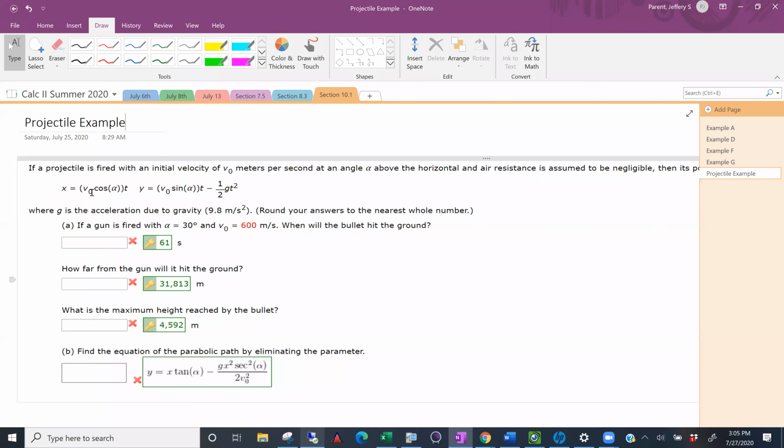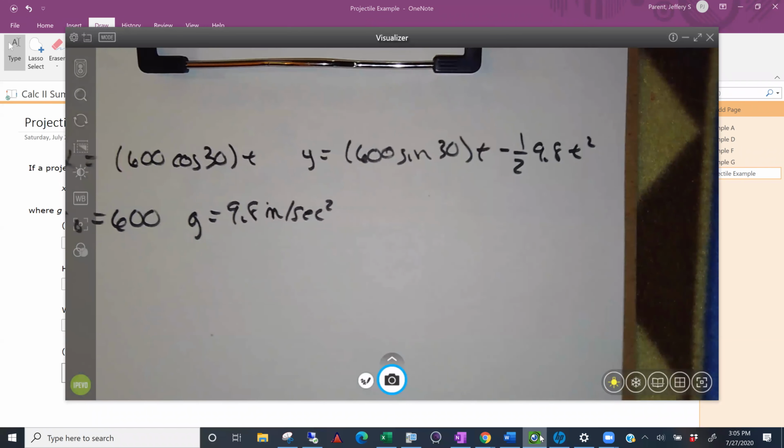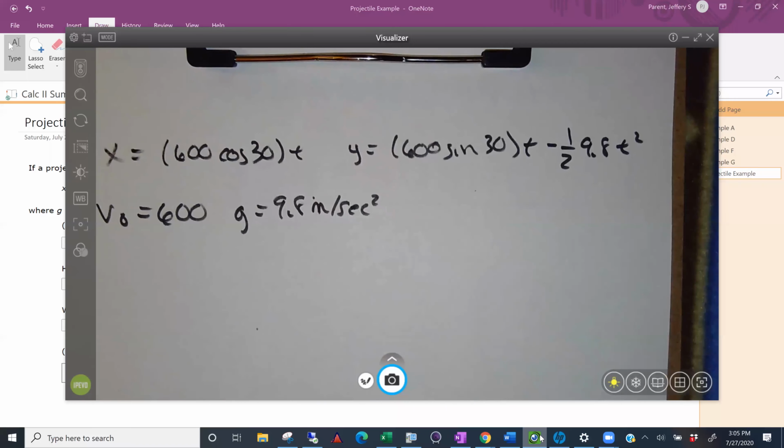So the first thing to do is to figure out, if the gun is fired, when is the bullet going to hit the ground? So let's take a look at our equations with v0 is 600 and g is 9.8 meters per second squared.